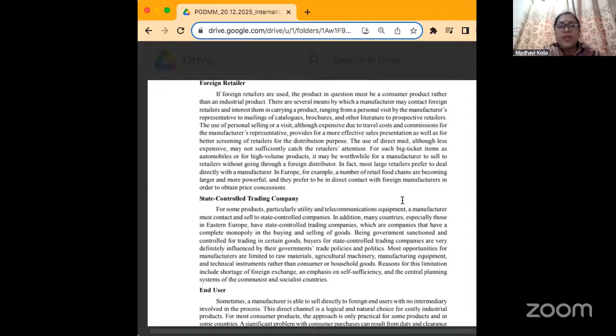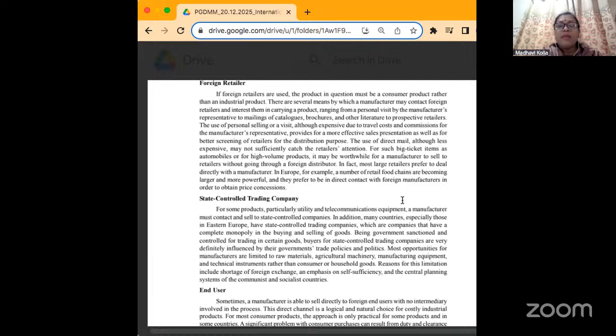The second one is a foreign retailer. So, who is this foreign retailer? Retailers are used where they actually sell consumer products rather than industrial products. There are several means by which a manufacturer can contact foreign retailers and consider their interest in partnering.